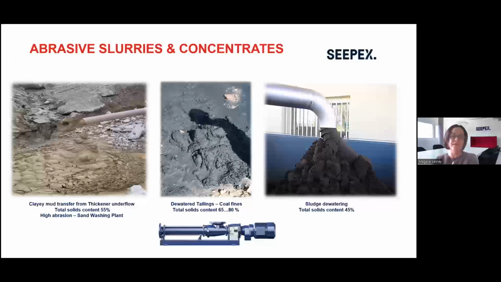So you can see here and appreciate the total solid content up to 65 to 80% on dewatered tailings. So this gives an idea of the capabilities of progressive cavity pumps with thick slurries.